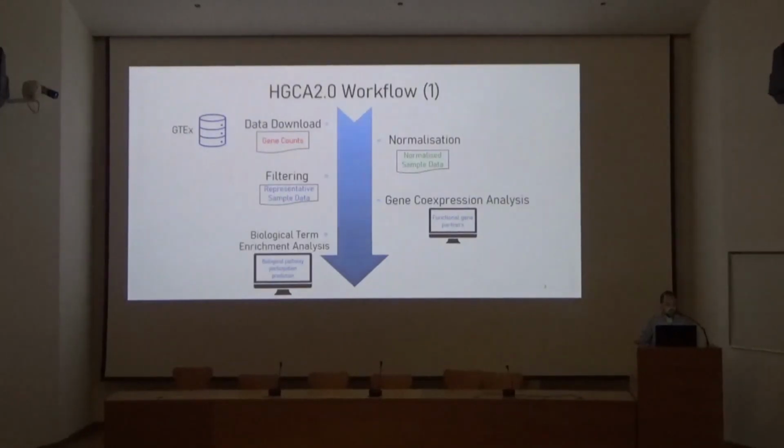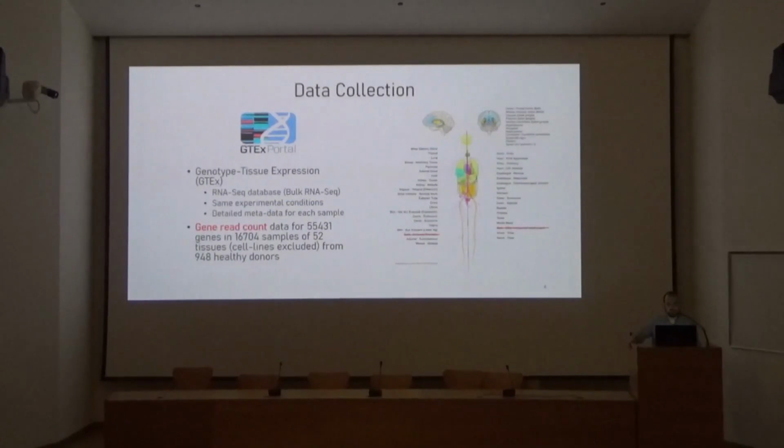So, we should talk about the workflow that we use for the construction of the HGCA website. And of course, the first part in everything is to get our primary data. For that, we selected the GTEx database, which stands for Genotype Tissue Expression, which is a very detailed consortium-type database, which contains multiple RNA-seq samples.